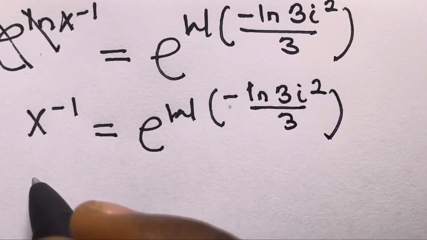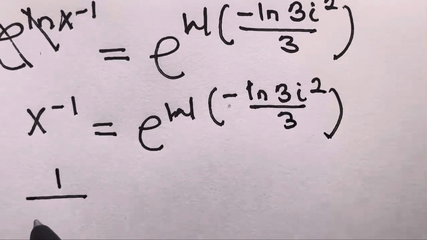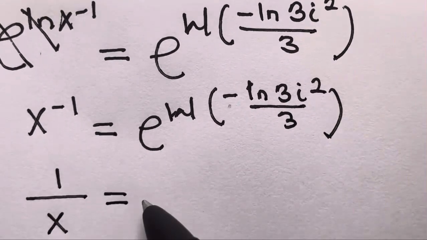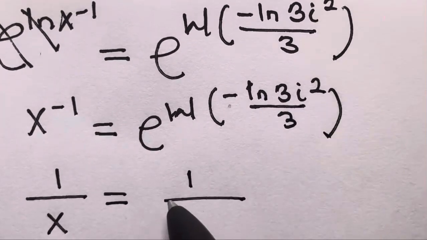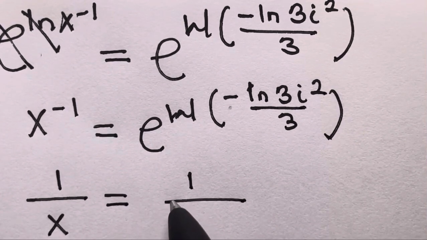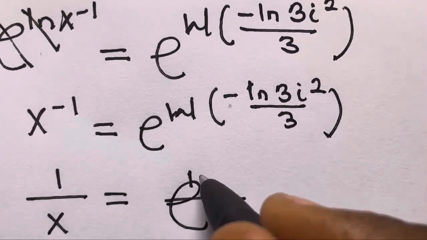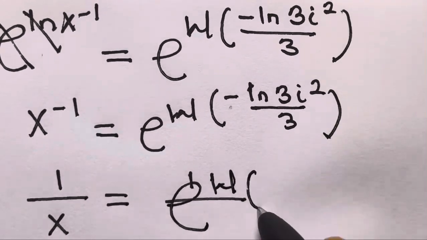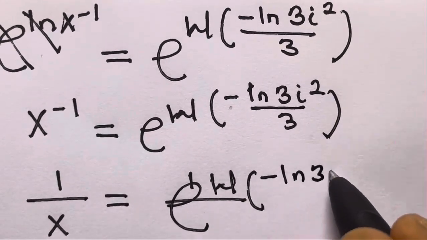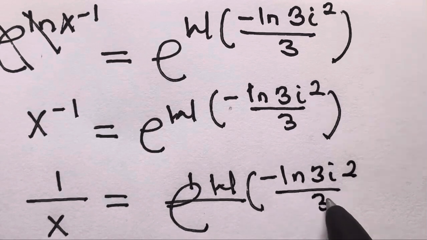This becomes 1 divided by x equals 1 divided by exponential the Lambert function of minus ln 3i squared divided by 3.